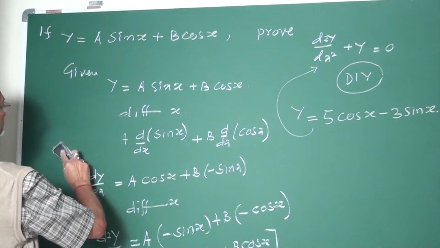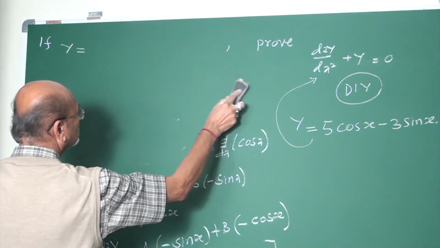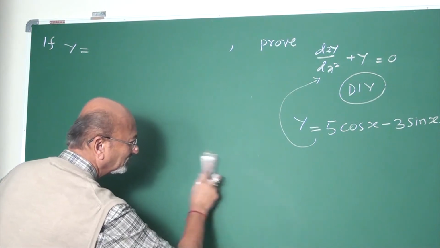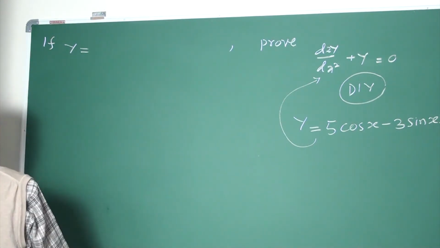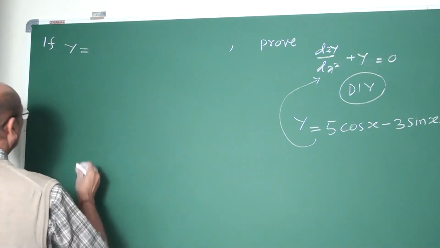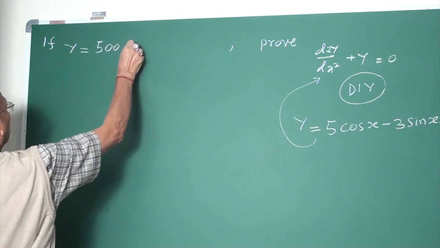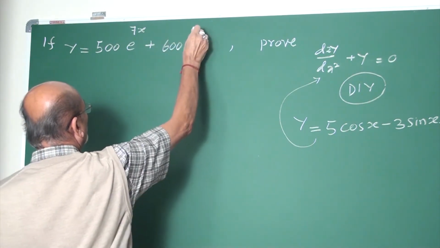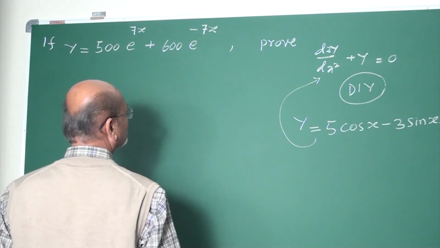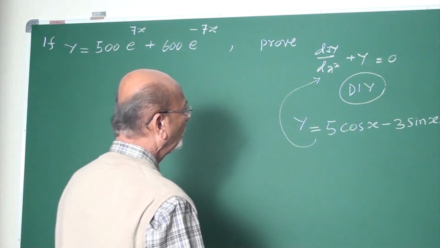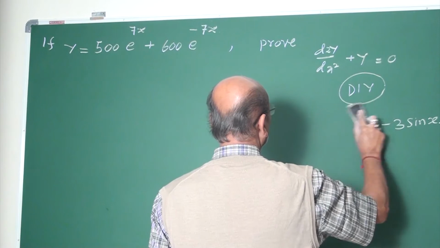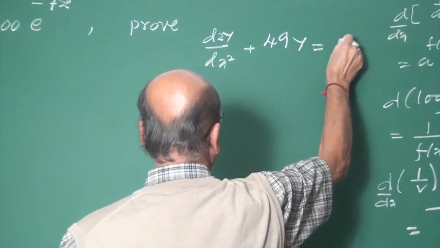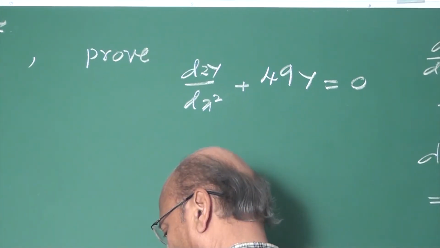If y equals 500 into e to the power 7x plus 600 into e to the power minus 7x, then prove d2y by dx2 plus 49y equals 0.